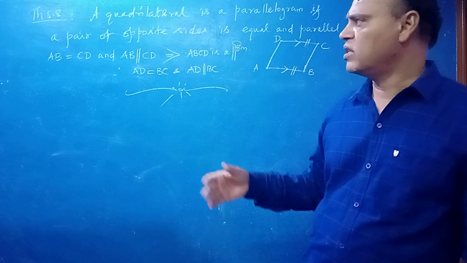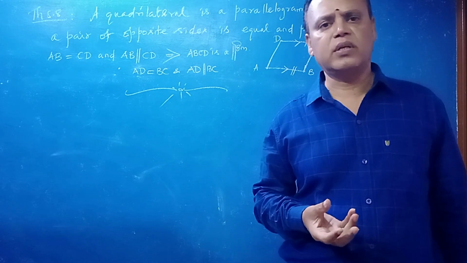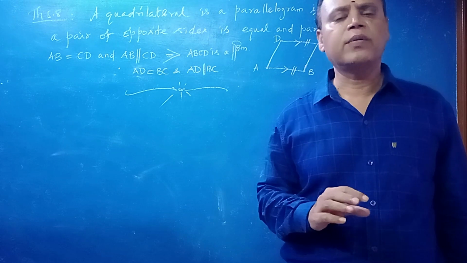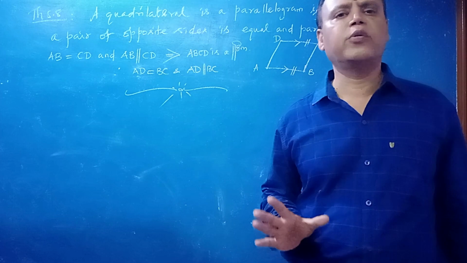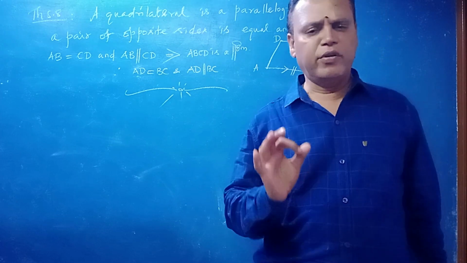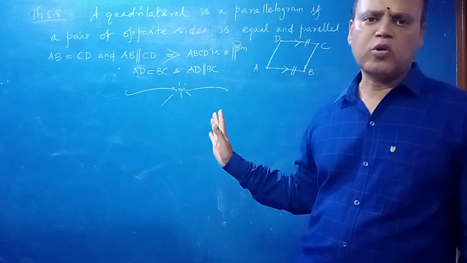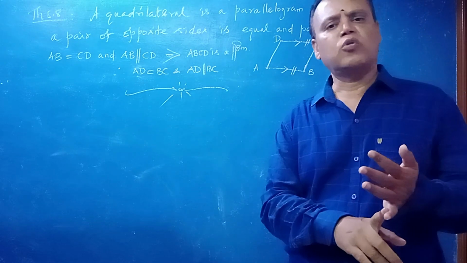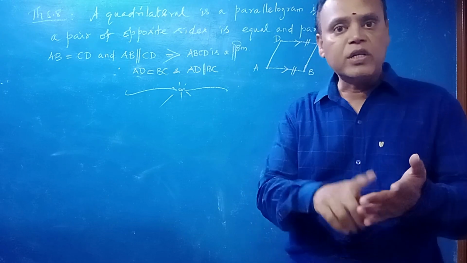So now, based on this, I will give some 1 mark problems as homework. First, prepare the classwork thoroughly. Today is a very important class. What is a quadrilateral? Then properties of quadrilateral, then properties of parallelogram.